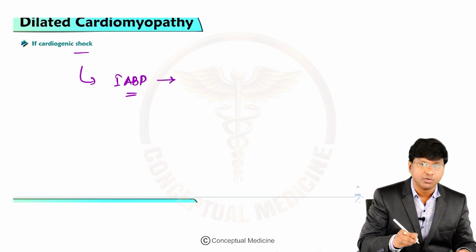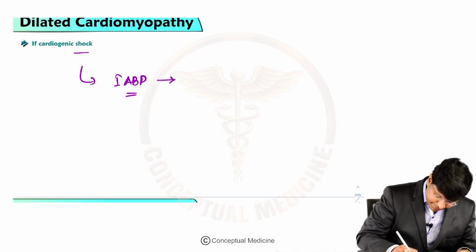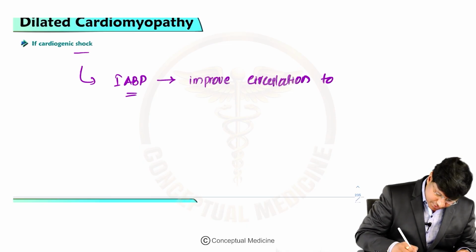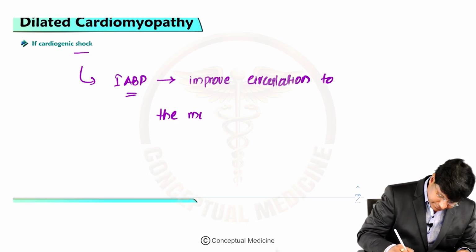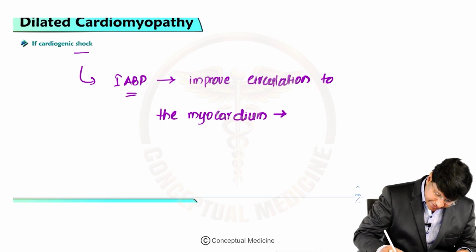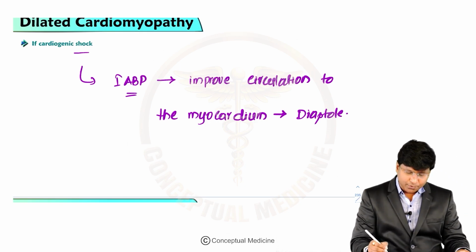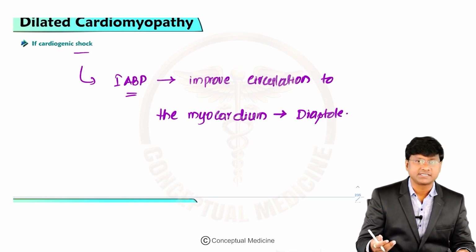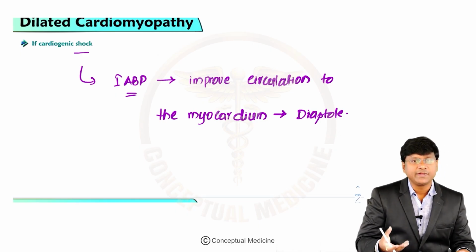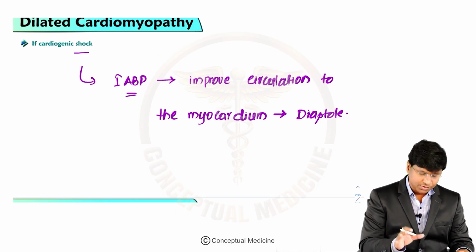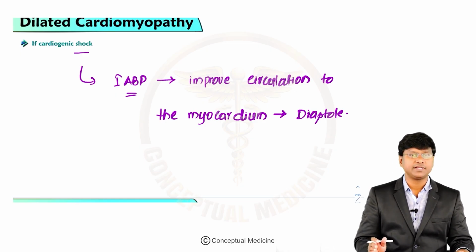It will improve circulation to the myocardium during diastole, and thereby it will increase the myocardial activity. So that is the function of your IABP, intra-aortic balloon pump.